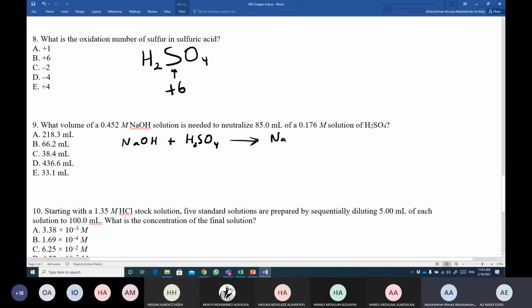Na2SO4 and H2O. Good. Is the equation balanced? No. What should I do? 2 with NaOH. It's balanced now. Good. Read the question and solve it.